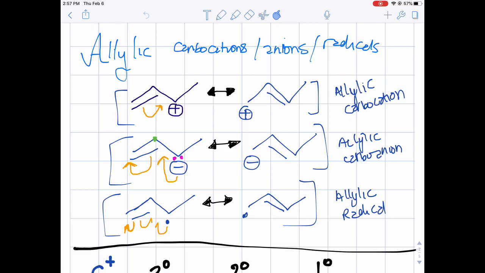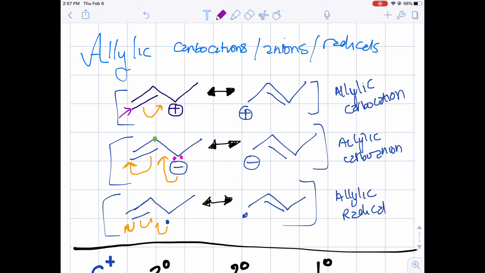With resonance, when you have a positive charge that's resonating, remember your electron is always going to move from a higher electron density to a lower electron density. So your arrow is going to be moving from the double bond, I'm referring to this one right here.